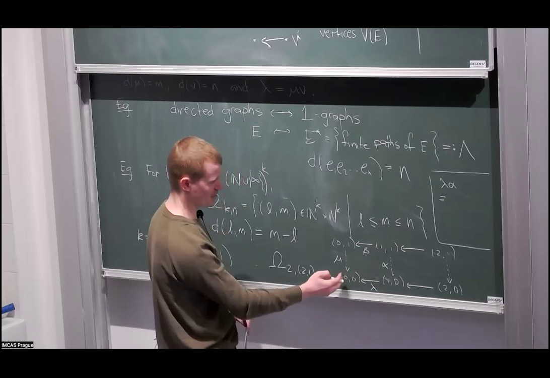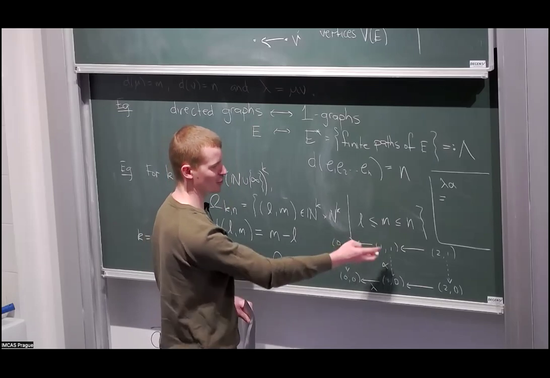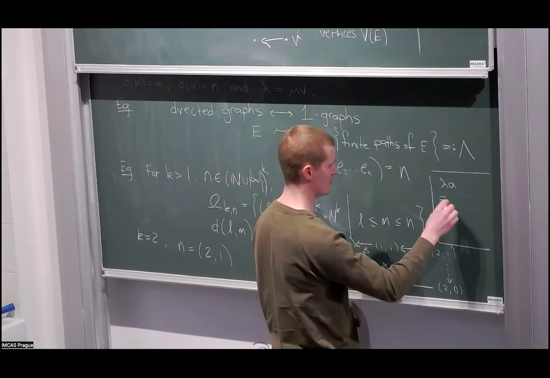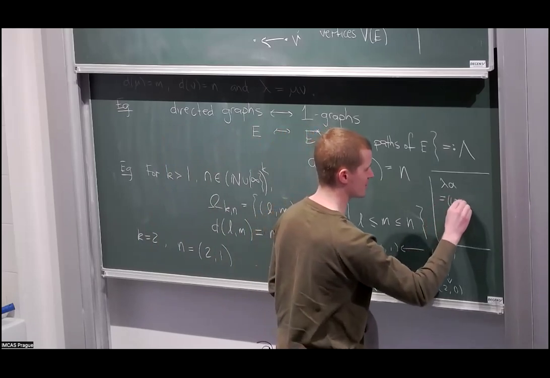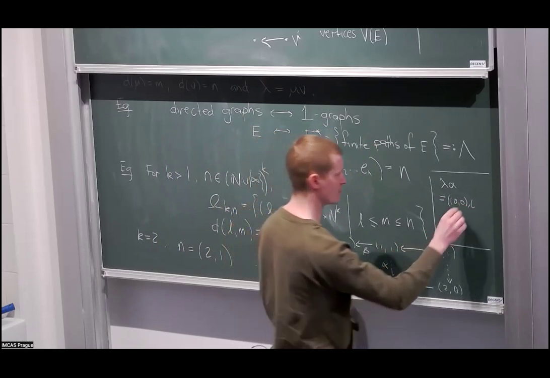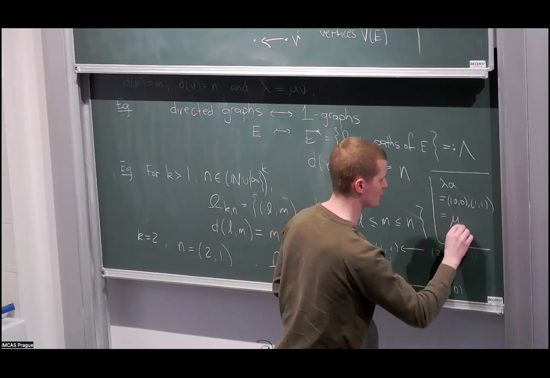But that's going to happen also if I go mu beta. I'm going to go (0, 0) to (0, 1), and then (0, 1) to (1, 1), and forget the (0, 1). So now you have relations on the paths in the graph. So (0, 0) to (1, 1), which is also mu beta.